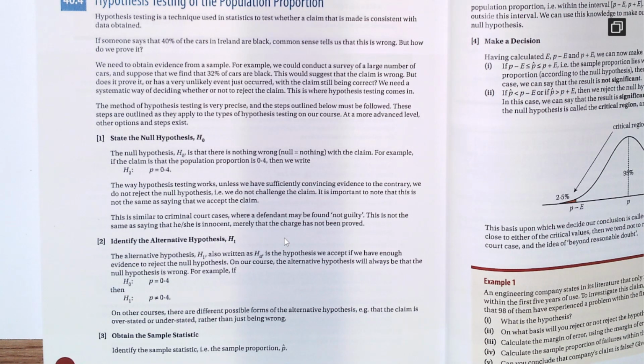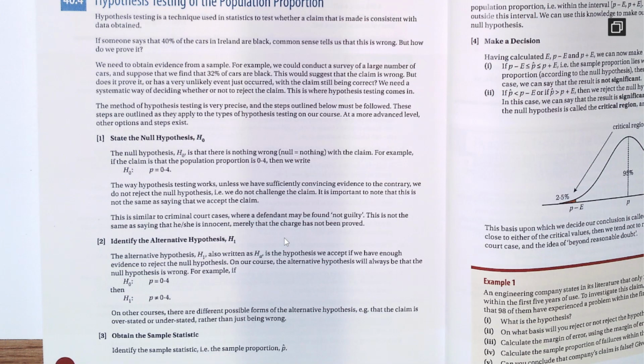Then can we use the confidence interval or the test statistic approach? For the confidence interval, we need to construct a 95% confidence interval for the proportion. If the value 0.4 is within that interval, then we accept the null hypothesis.